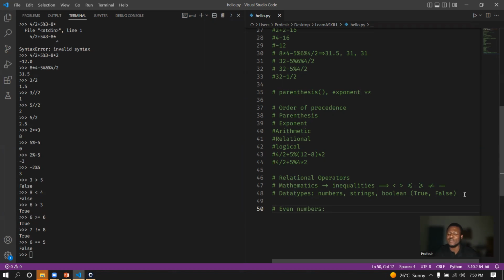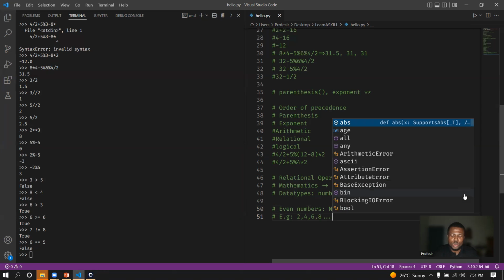So help me, what are even numbers? Numbers that are divisible by 2. So numbers divisible by what? 2, right? So what are examples of these even numbers? 4, 8. So 2, 4, 6, 8, in that order, right?